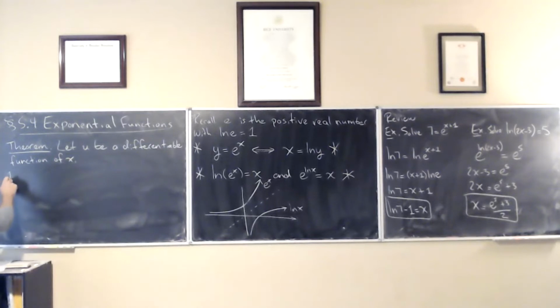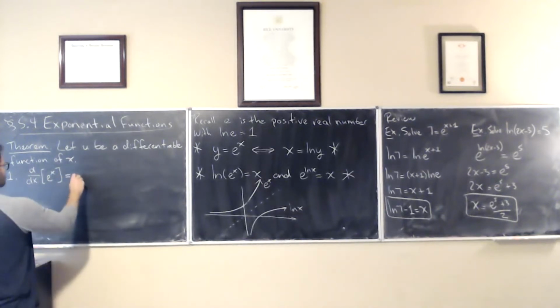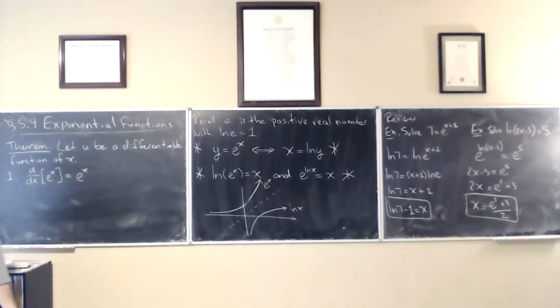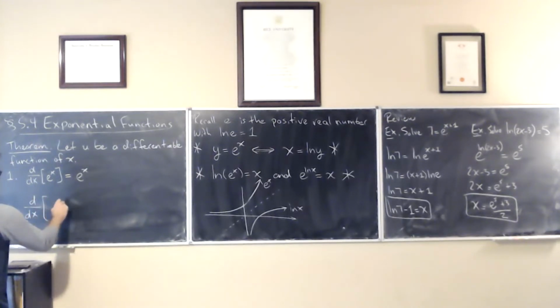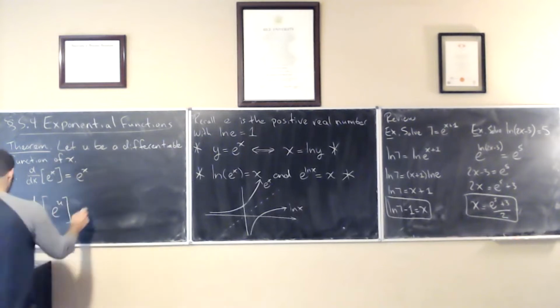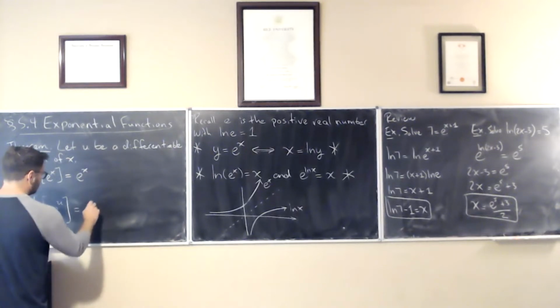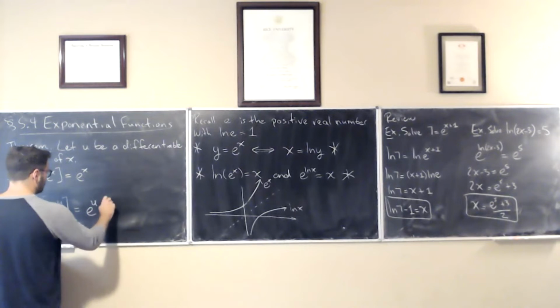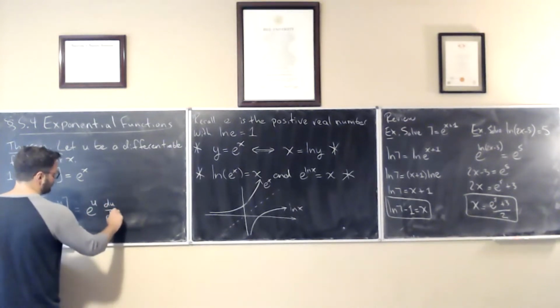So, one, the derivative with respect to x of the natural exponential function is just itself. And then part 2, the derivative with respect to x of e to the power u is going to be e^u times du/dx. And that's just an application of the chain rule.